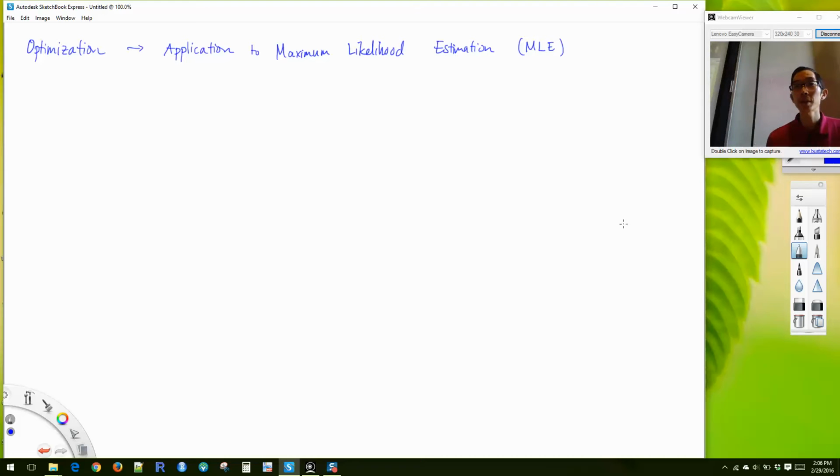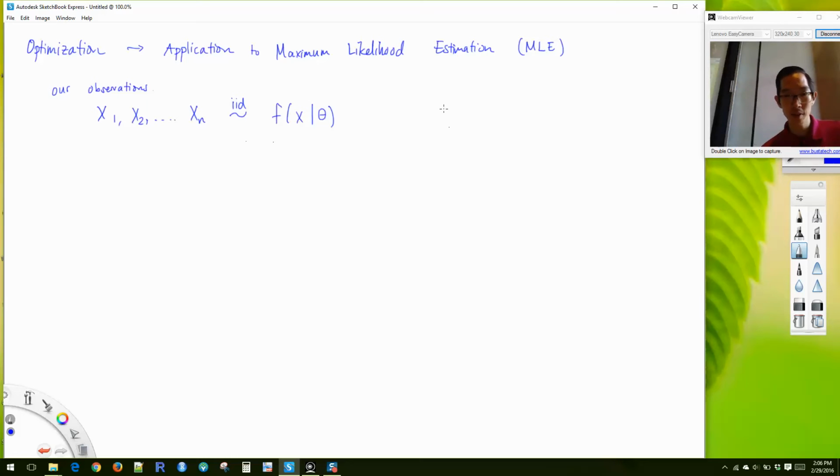And what we say is that our observations, which will be labeled x1, x2, x sub n, will come IID, independent identically distributed, from some function f of x, defined by some parameters theta.